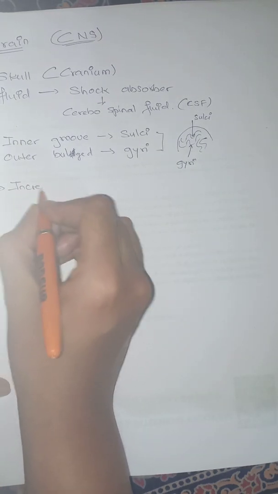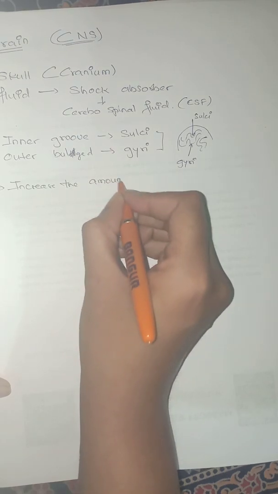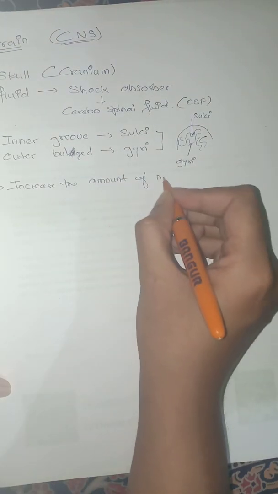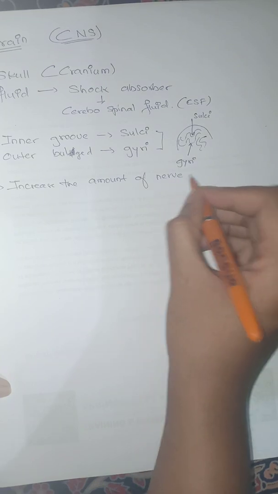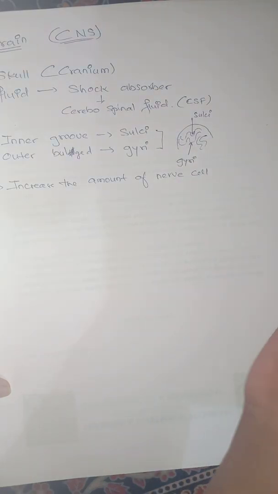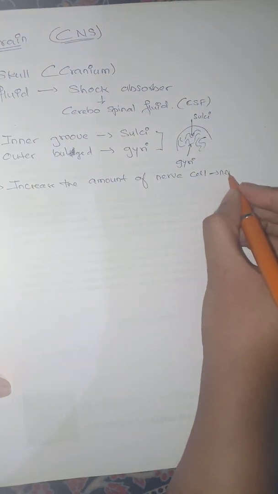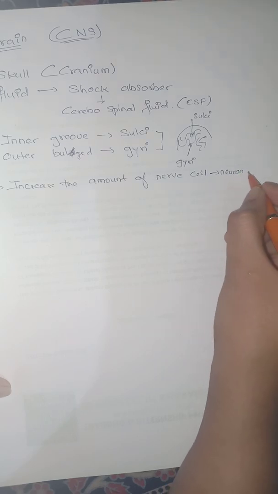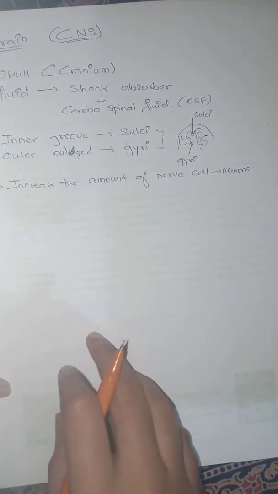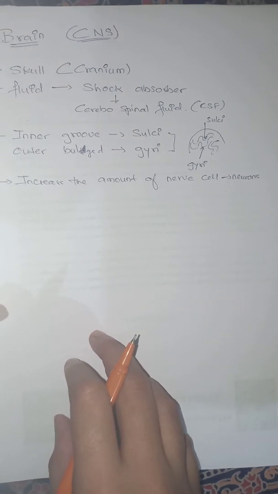The reason behind this is to increase the amount of nerve cells, or neurons, inside your brain, and therefore there are gyri and sulci present on your brain.